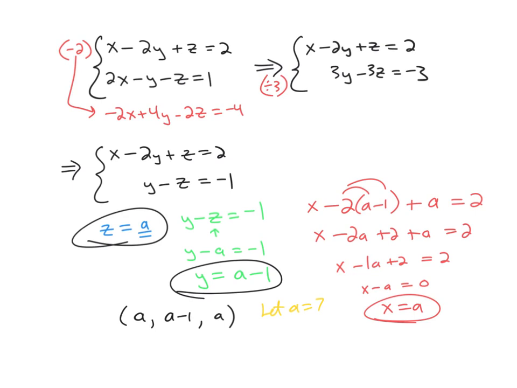If a is 7, then my ordered triple is 7, 6, 7. This is my a, this is a minus 1, and this is a. What that means is this particular point is a solution for this system. And I could let a be any number I want to, and I will get another point that is a solution to this system.